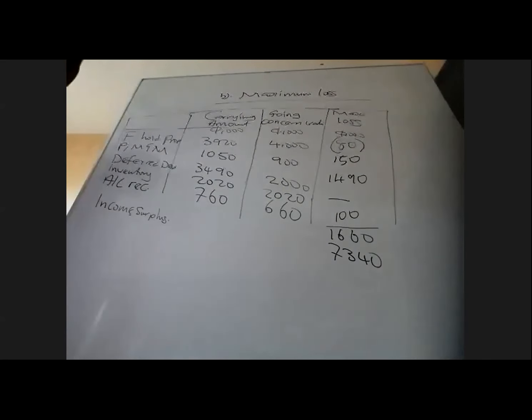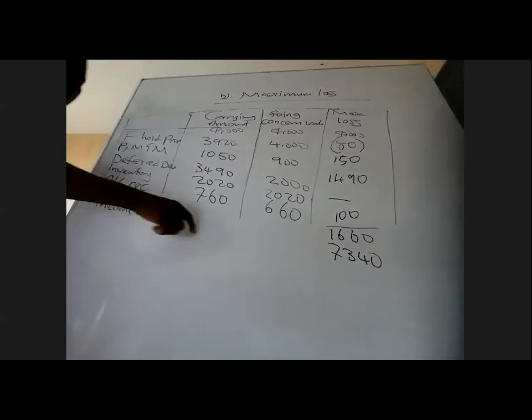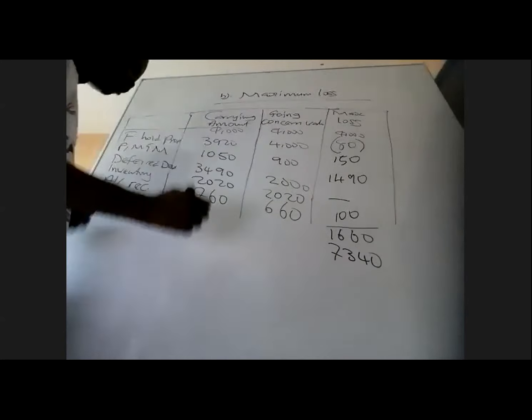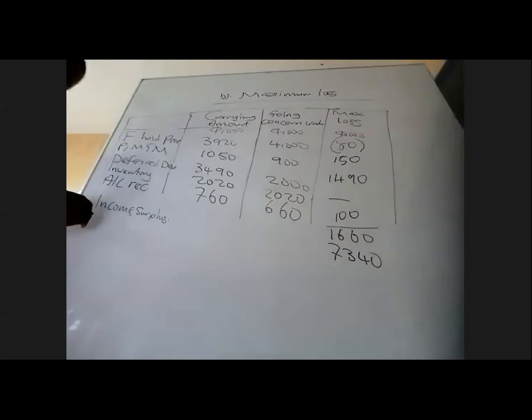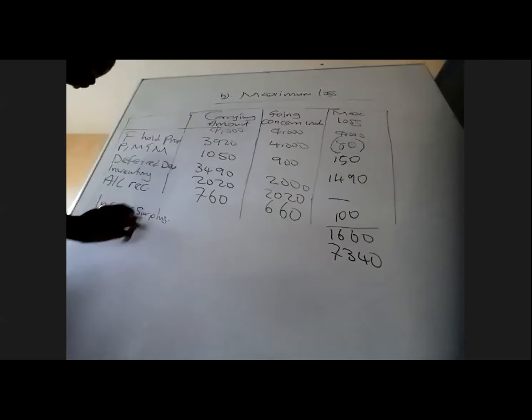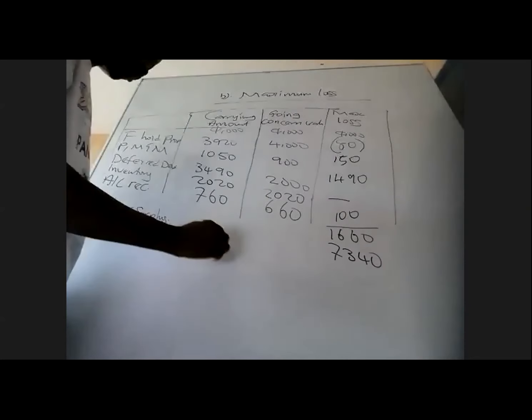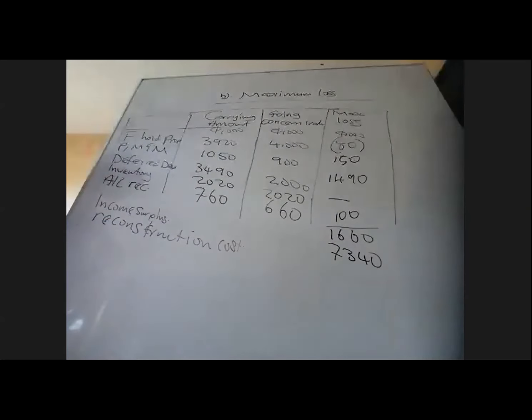Now let's go to losses in the footnote. In the footnotes, look out for 2 items. Only 2 items. 1, reconstruction cost. So let's go to the footnotes.